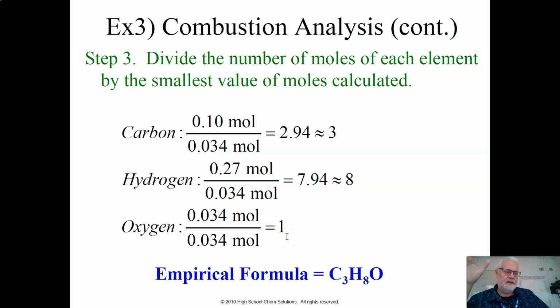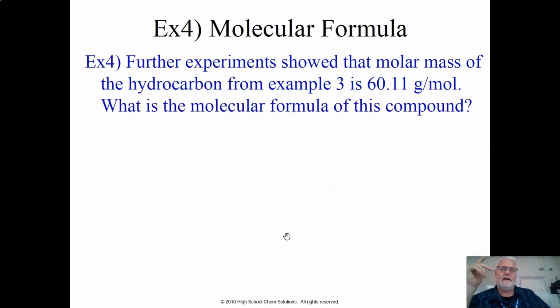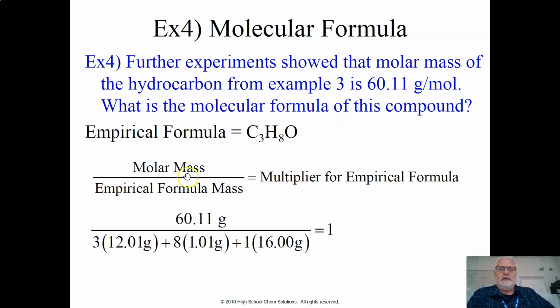Very similar to the assume 100 gram reverse percent composition problem. As a matter of fact, the last step is also like a reverse percent composition problem. Sometimes they give you the molar mass, and then they go, what's the molecular formula of the compound? Well, you can take the molar mass of the whole thing, and it's called the multiplier for the empirical formula.